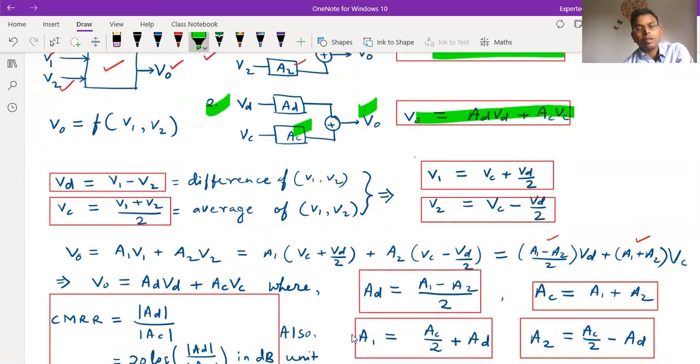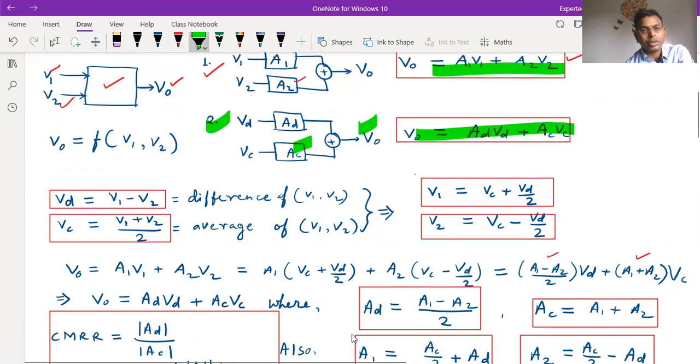We define VD as the difference of the two input voltages, VD equal to V1 minus V2, and VC, the common mode voltage, is defined as the average of these two voltages, so VC is equal to (V1 plus V2) by 2.